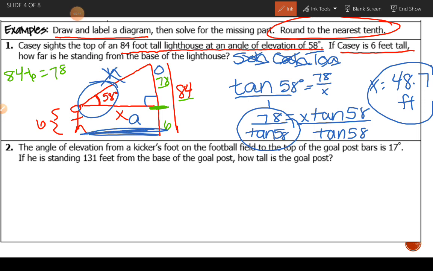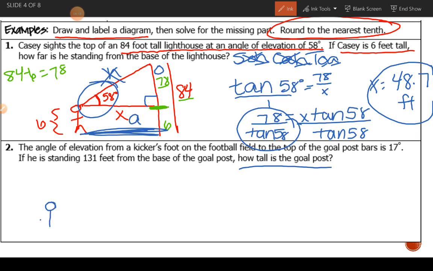Okay? So let's do another example. The angle of elevation from a kicker's foot on the football field to the top of the goal post bars is 17 degrees. If he's standing 131 feet from the base of the goalpost, how tall is the goalpost? Okay, so let's go ahead and draw our picture.